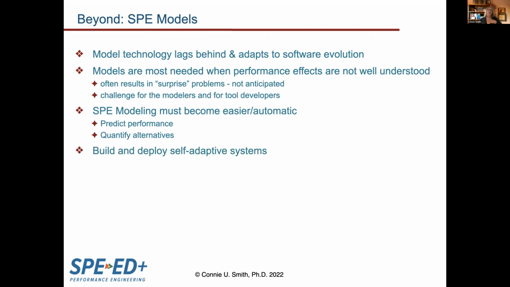One thing we can do is to recognize that we don't know how the systems are going to behave once we deploy them. And so we can build and deploy some self-adaptive systems that can be tuned. Like, for example, if we don't know how long it's going to take to encrypt, this is hypothetical because we can't predict that, but if we don't know how long it's going to take to encrypt a user's query, then we can build in some tunable algorithms and switch between those at runtime once we find out how long it takes.